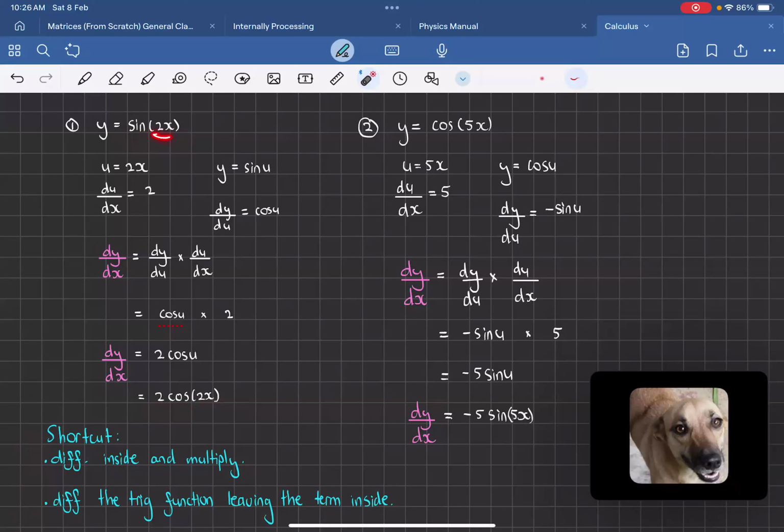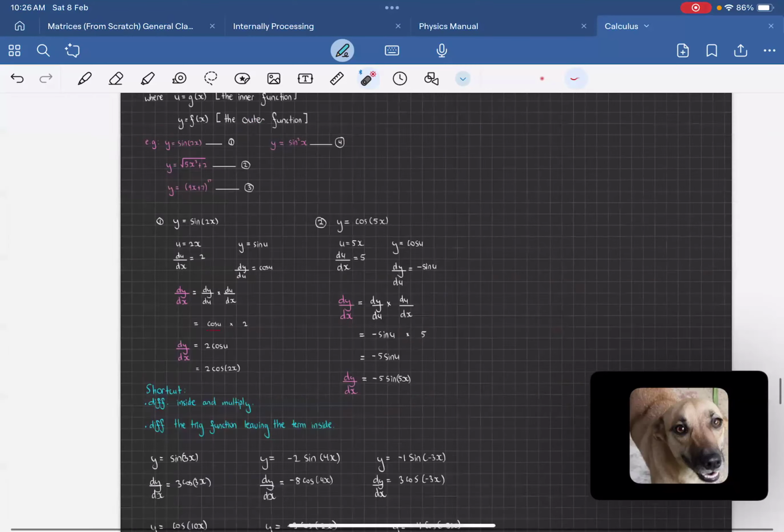If I differentiate 2x, what would I get? 2, right? And I multiply it. So I put 2 in front, and then I differentiate the trig function. If I differentiate sine, I'll get cos. And then I write back what I had on the inside. So you're differentiating the inside and multiplying, then differentiating the trig function and writing back the original inside.